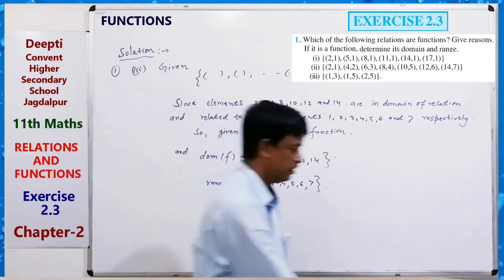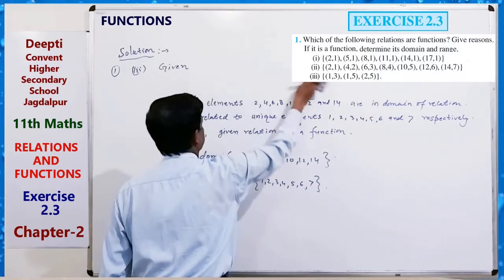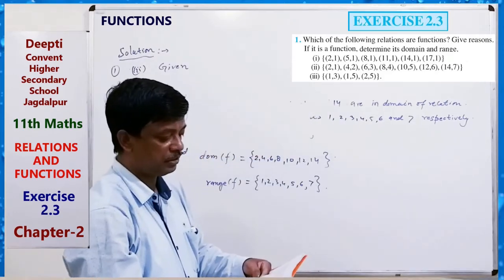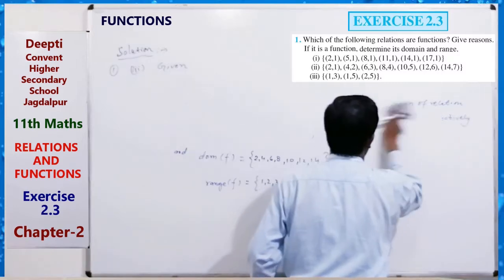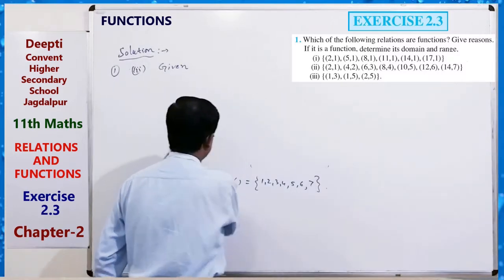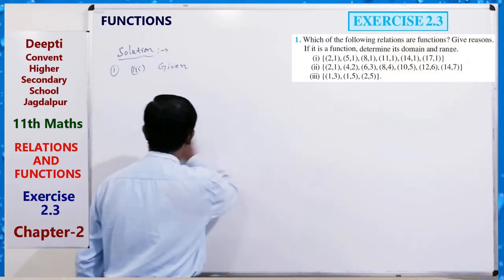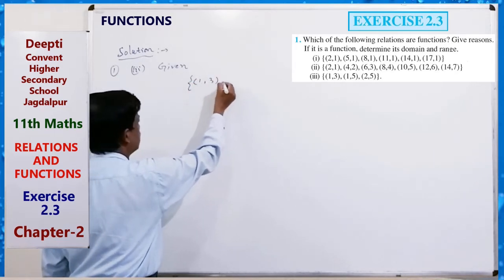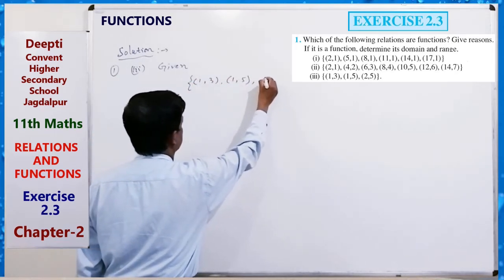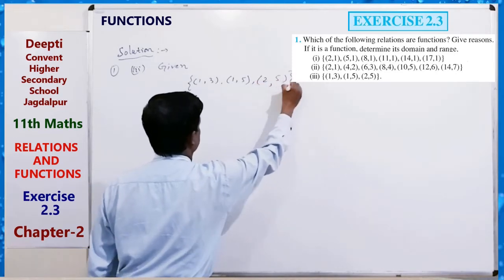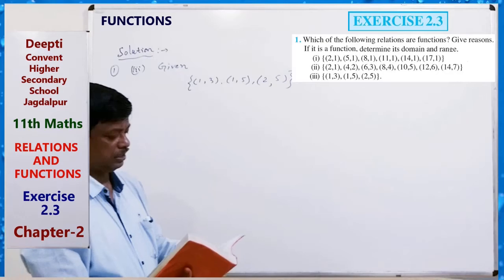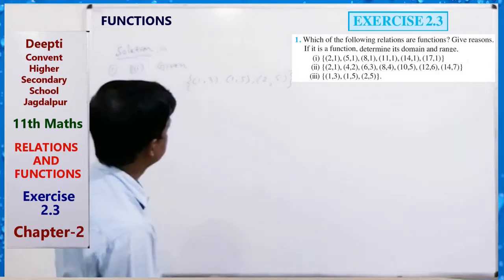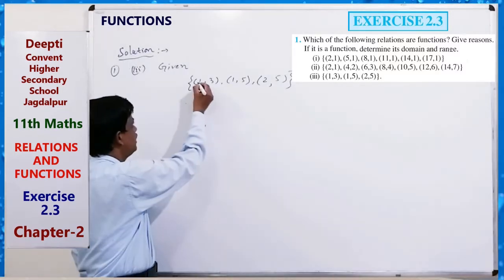In the third question, we see the given relation contains the pairs 1 to 3, 1 to 5 and 2 to 5.